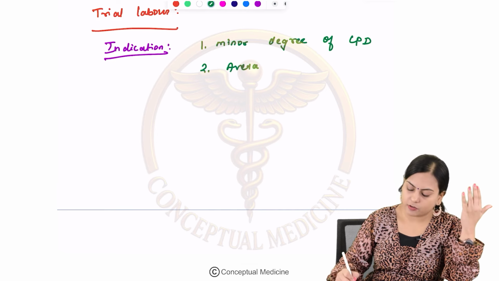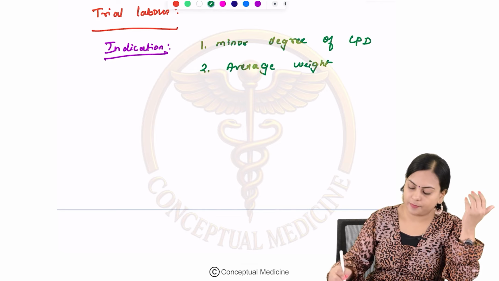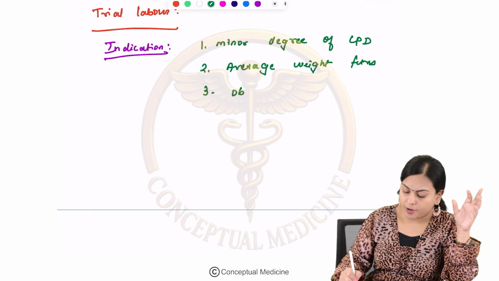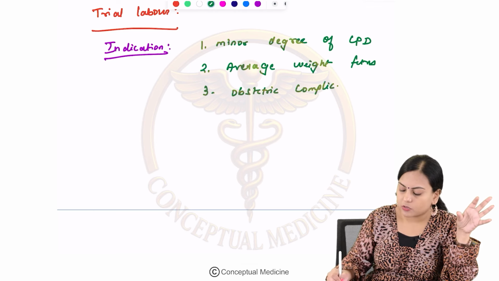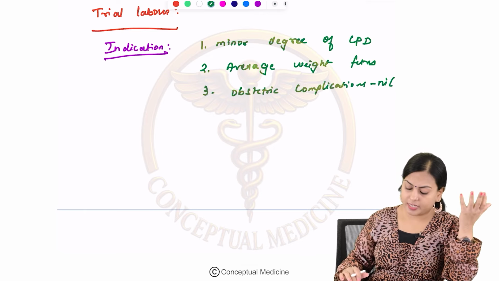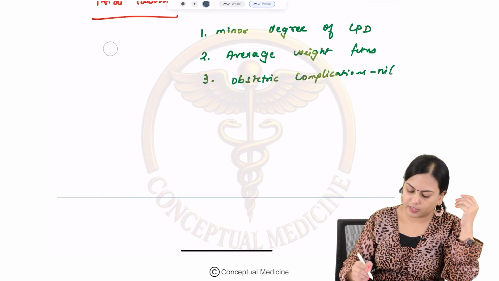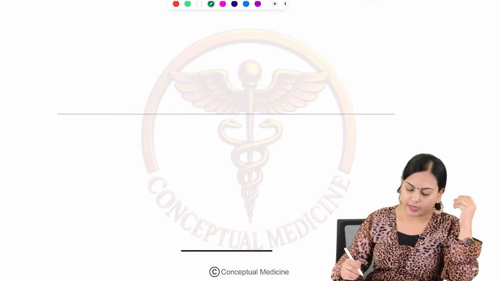and second point, you have to check for the fetal well-being also. It should be a fetus of average weight. Then there should be no obstetric complications, okay. Obstetric complications are totally nil. So these are the criteria for giving trial labor.